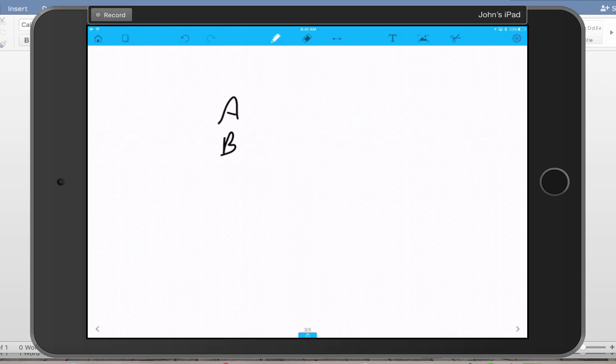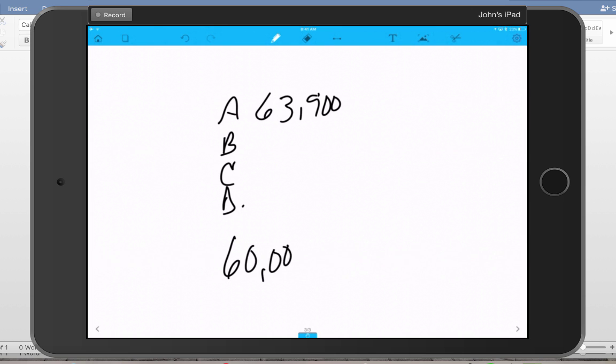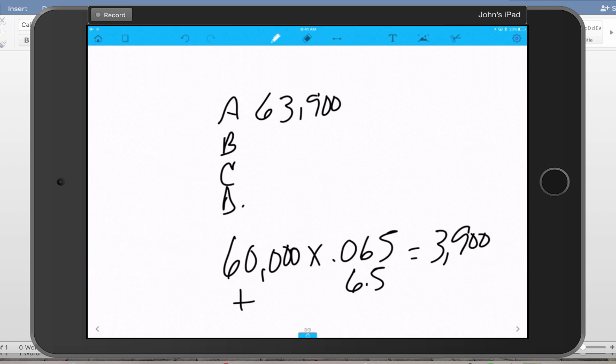Now, one final thing I want to remind you. You can always go in the back door. So you're going to have 4 choices. Your first one was $63,900. Some of you may have taken $60,000 times 0.065 or 6.5%, and you came up with $3,900. You added that $3,900, and that gave you $63,900.